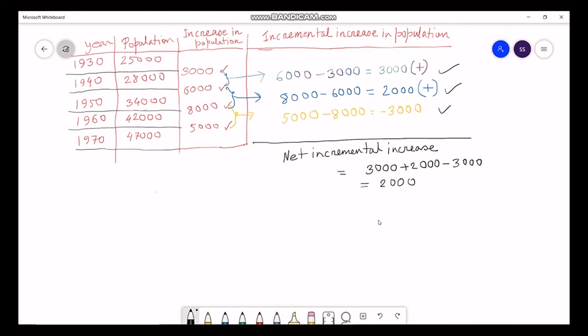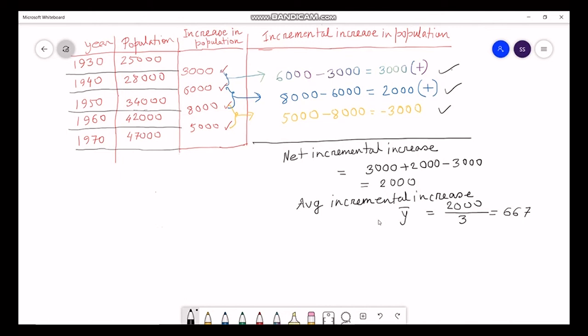So the average incremental increase equals 2000 by 3 decades. That is, the incremental increase can be found in 3 decades. So we have 667, and we denote this as y bar.